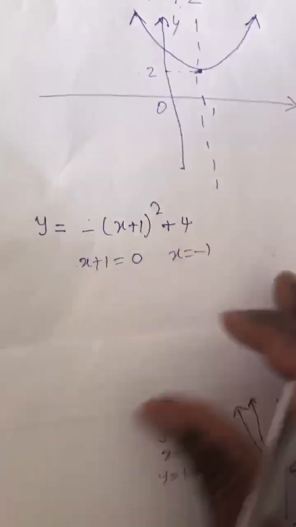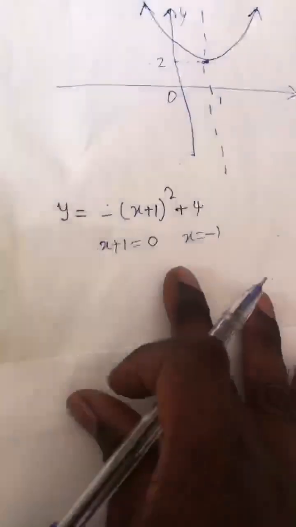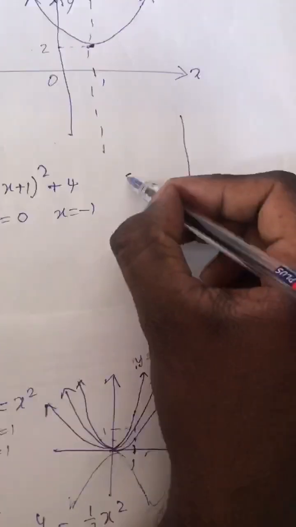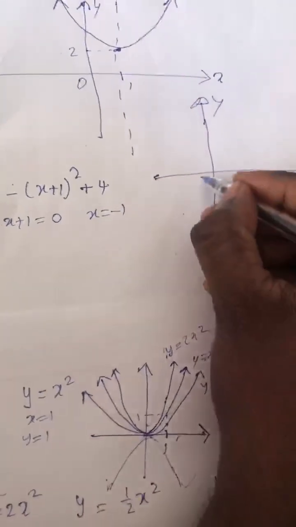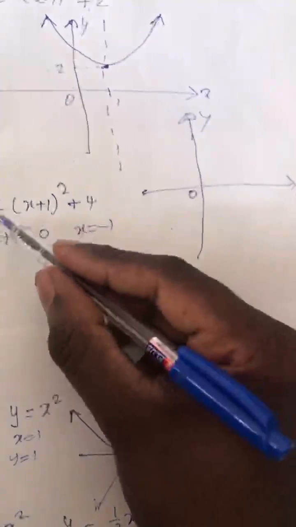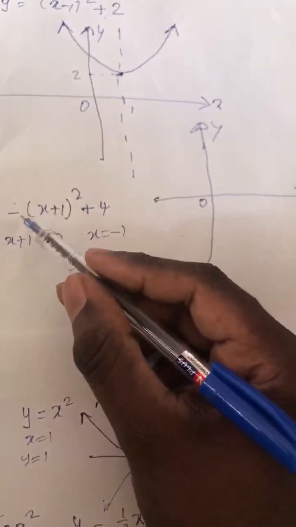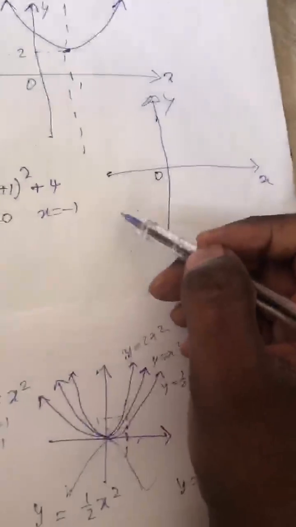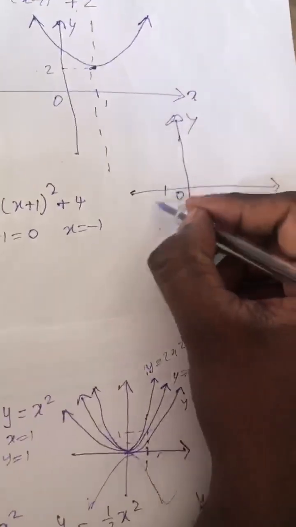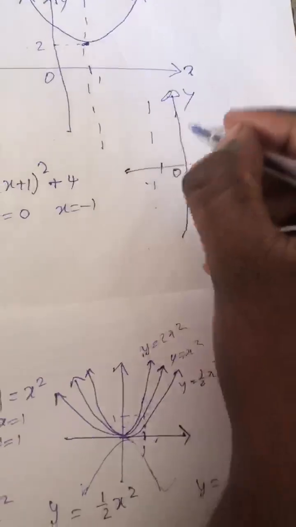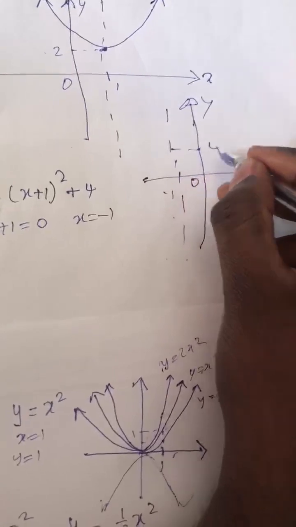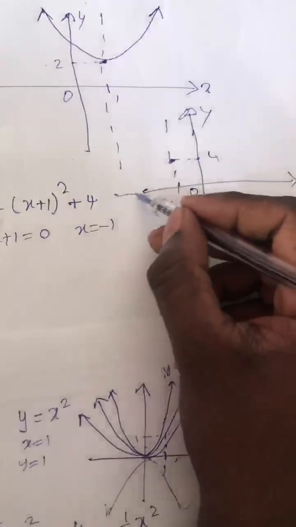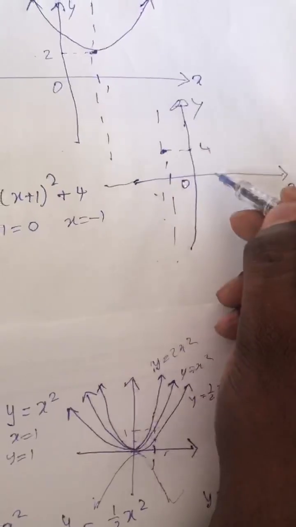Okay, so when we draw this here, x and y 0. Since the sign is minus, that means this is a maximum, right? Maximum. And x equals minus 1 is the equation of the symmetrical line. And also plus 4. Here, this is the plus 4.